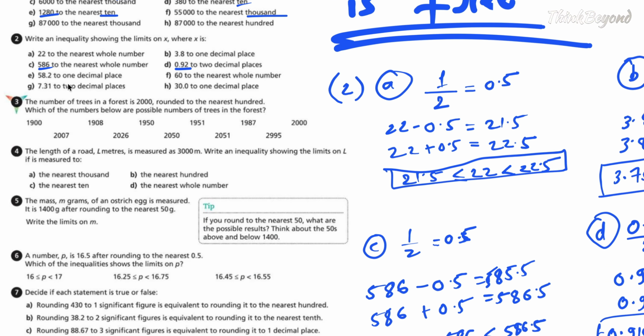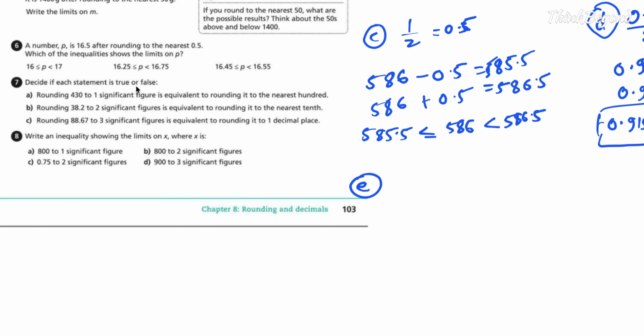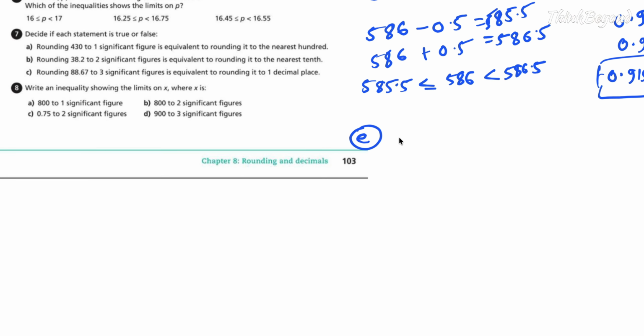Question number E is 58.2, 1 decimal place. 1 decimal place, it means they are talking about 0.1. So half of 0.1 is 0.05. Now add it and subtract. 58.2 minus 0.05, 58.2 plus 0.05.